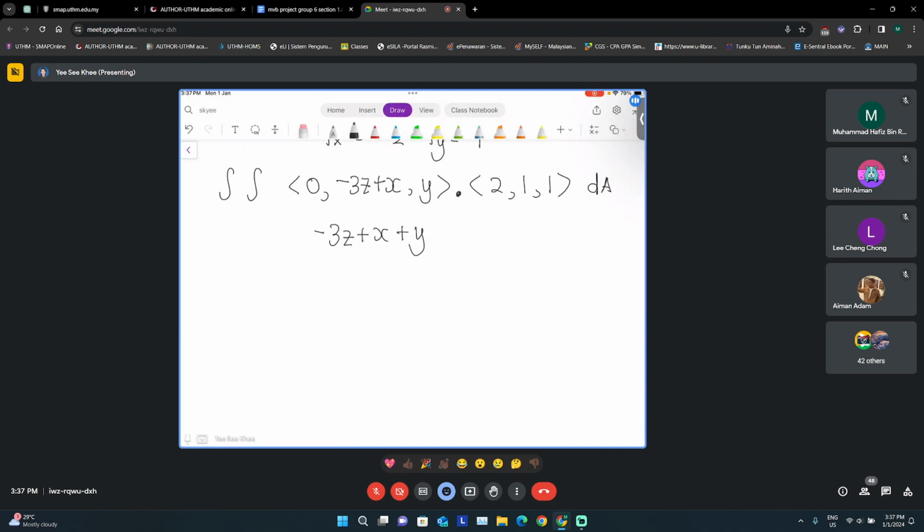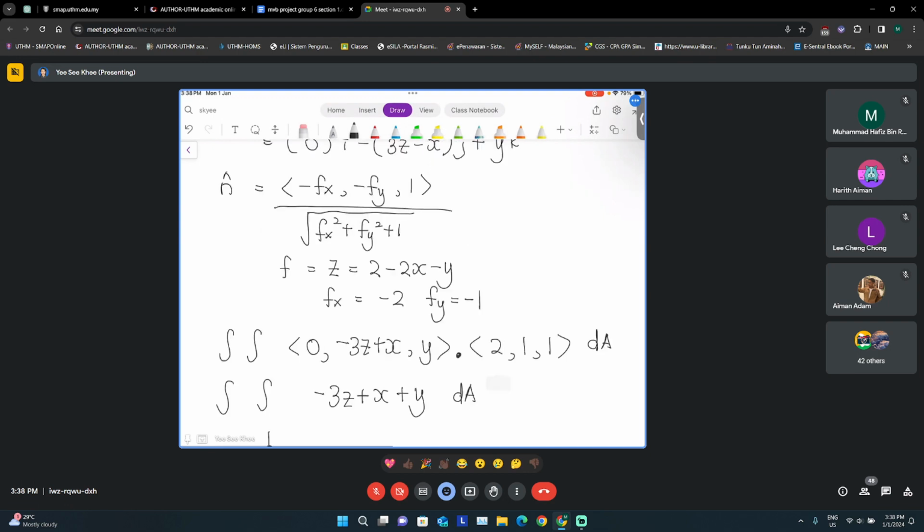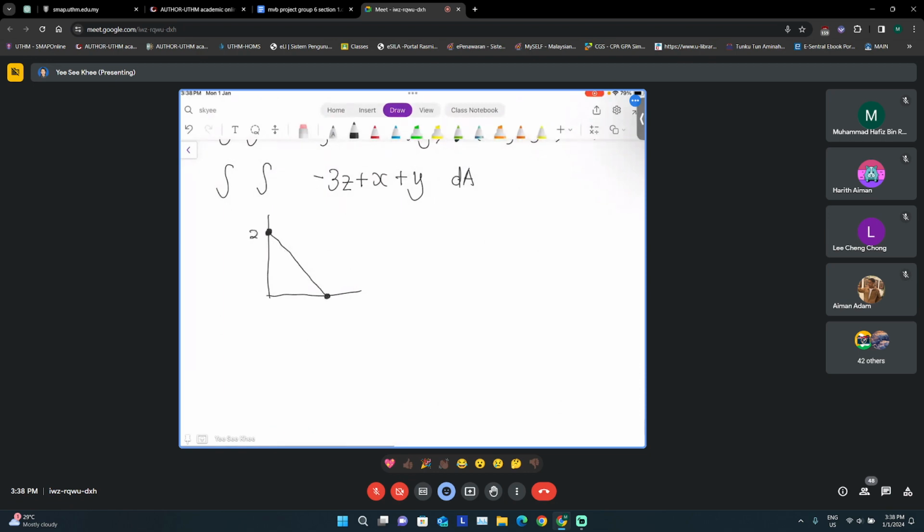Just remember the first: it is 1 and 2. This is the y, this is the x. Here we will use the Cartesian coordinate system, so dy dx. If you're using the vertical strip, then it will be dy dx.